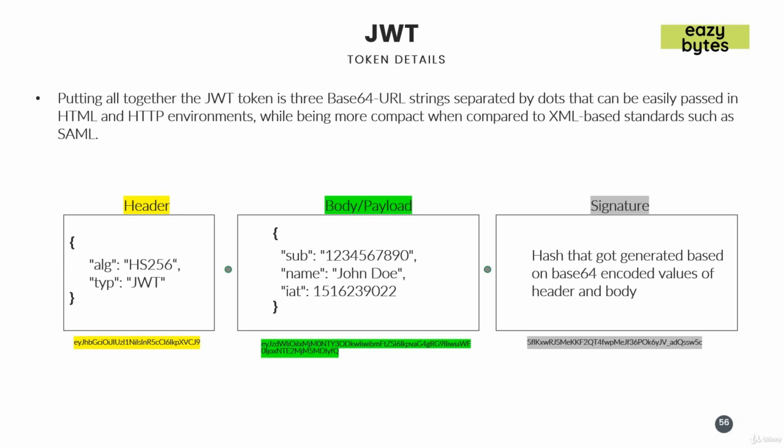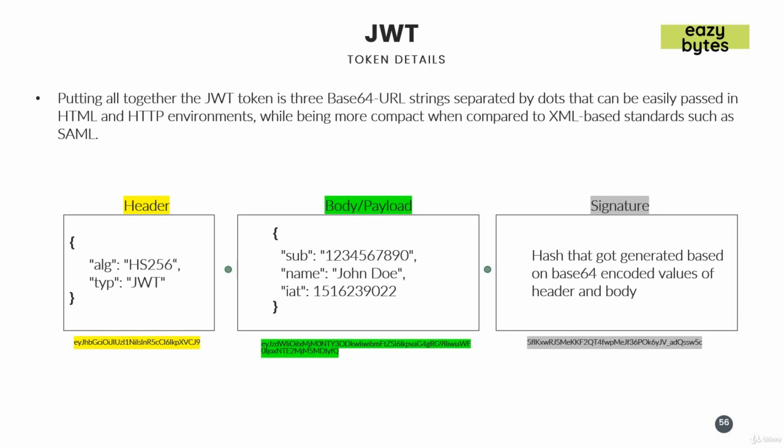But please remember, whenever you introduce encryption and decryption unnecessarily, it will use a lot of your server computation. So by default, you can always send your header and body as base64 encoded values, since that is very easy to decode, and you can protect those values by generating a signature and holding it in the signature part. In this way you can maintain the credibility of your token and make sure no one tampers with your token in the network.